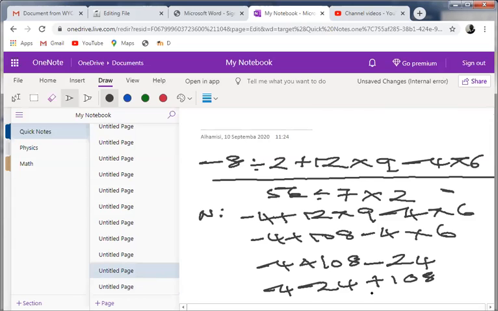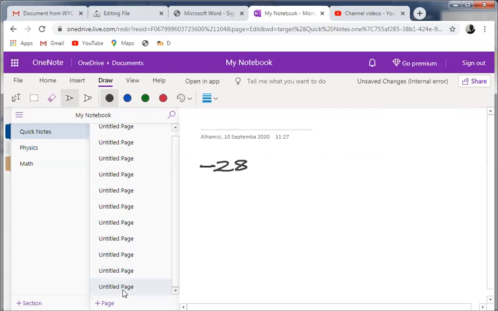And then we add the 108. The answer is positive 80, because 108 minus 28 gives us positive 80.